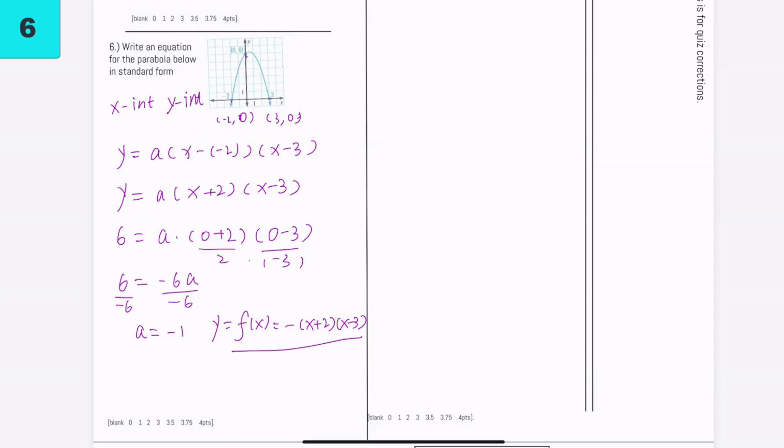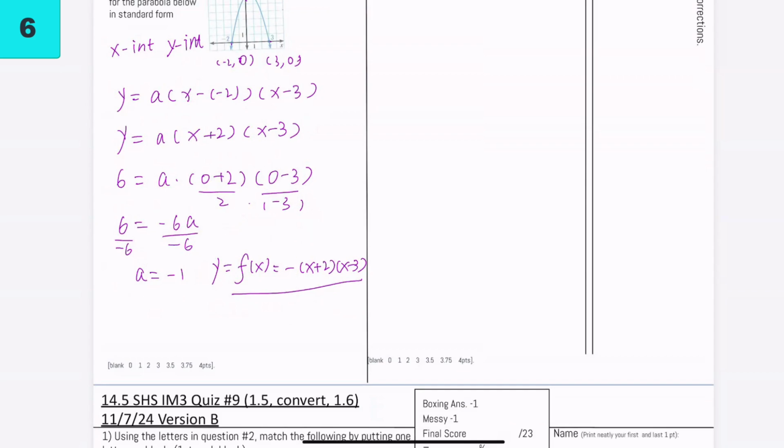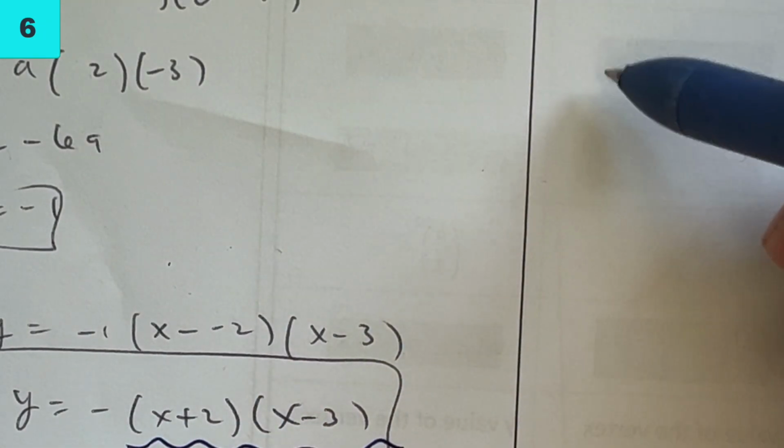We want a standard form, so we need to expand it. To expand this out, I'm just going to multiply these two.